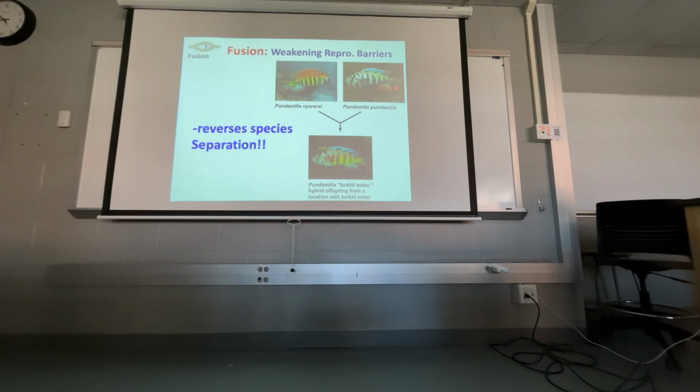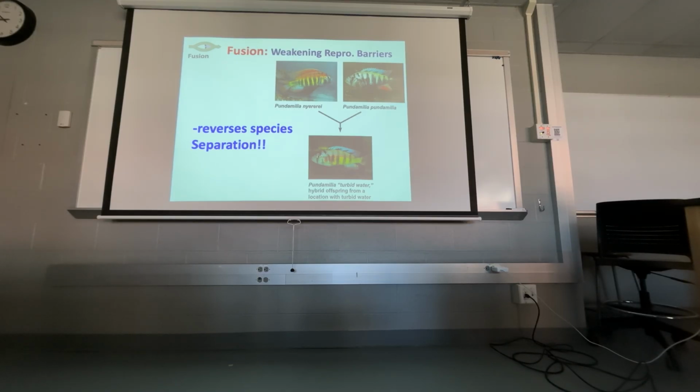And this is what's happening with your cichlids in Africa. When you have two species that are simply separated by sexual selection, and you remove the sexual selection factor, you produce a hybrid, and I think the hybrid's really pretty between the two adults. These hybrids are doing fantastic in Lake Victoria.